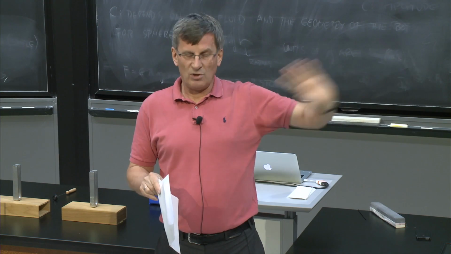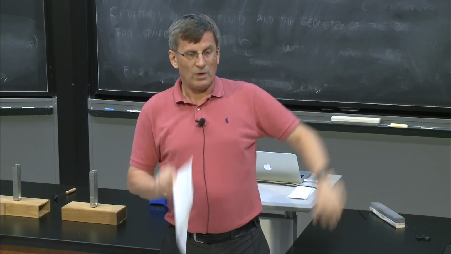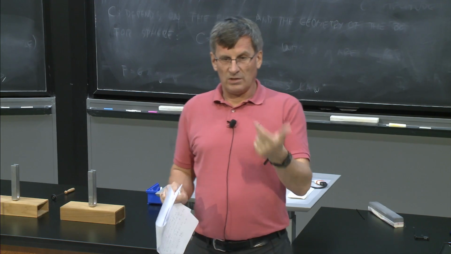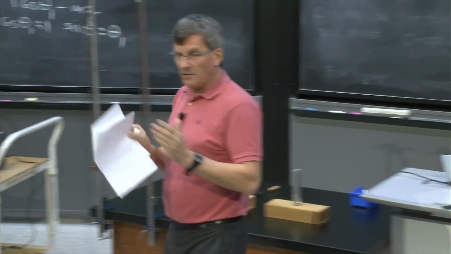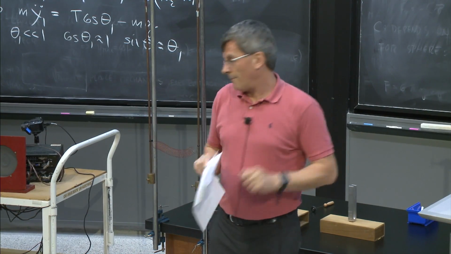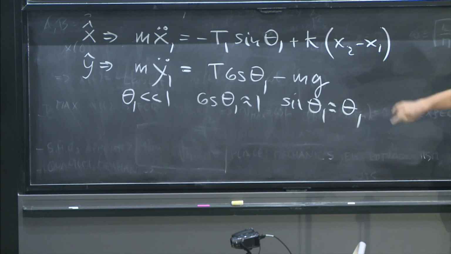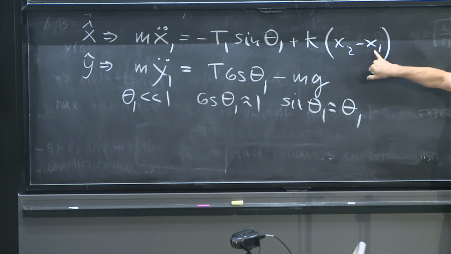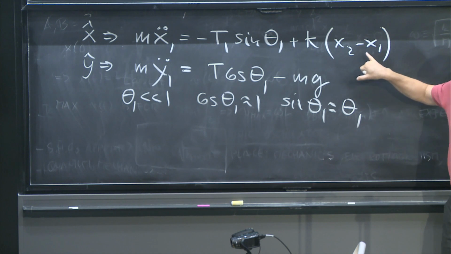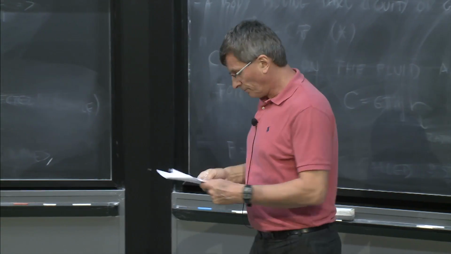Whatever x2 is, we just look at where the spring is. That's why the force of the spring depends on the difference of positions, x2 minus x1, as written here. And interestingly, for the position of mass 1 itself, there's a negative sign here. So if you move mass 1, the spring force is in the right direction, minus kx.